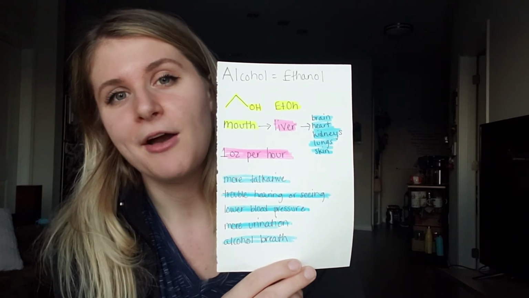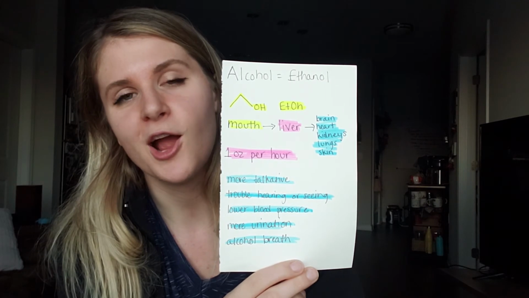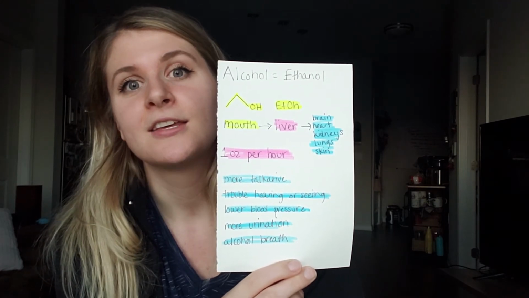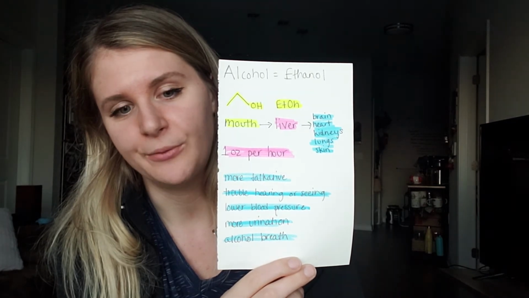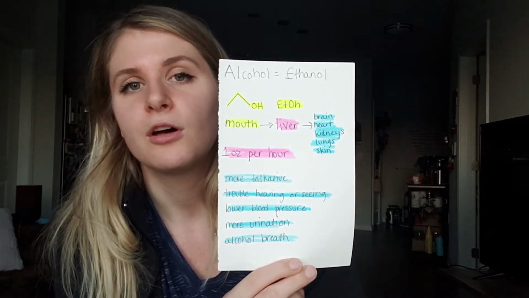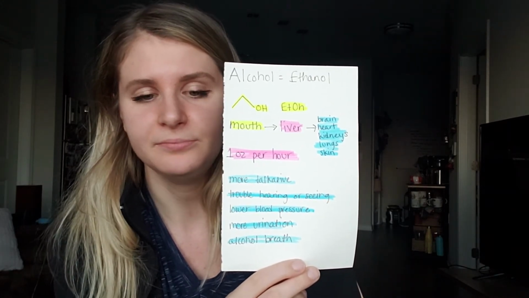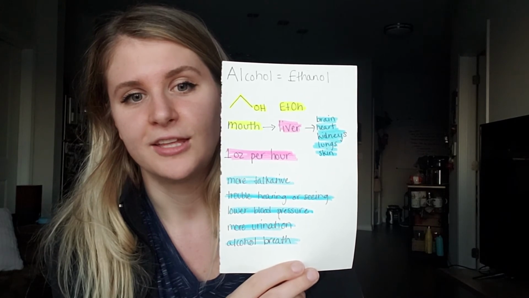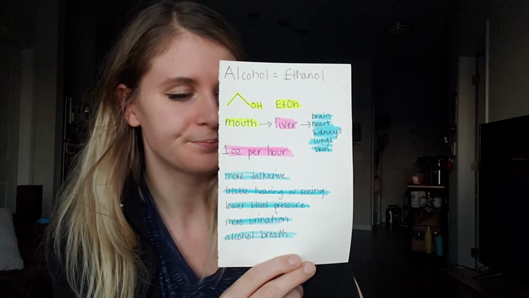But if we have alcohol in our system, then we go to alcohol first. So it goes carbs, proteins, alcohol, and then fats. That's why when you're trying to lose weight, health professionals always suggest cutting out alcohol because it provides calories and makes you store fat a little bit easier.